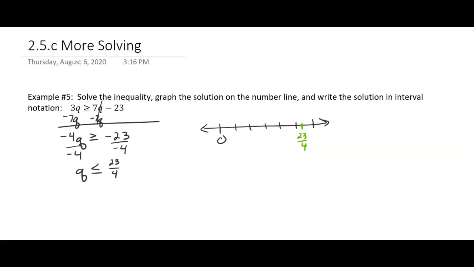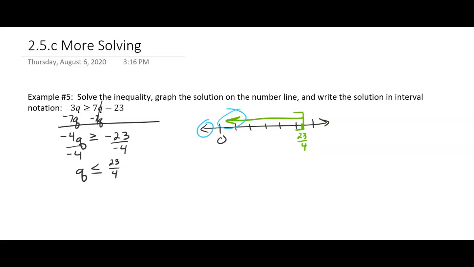Now our q is less than or equal to, so it's going to be a square bracket, and it's going to be less than, so off to the left. Left for less than. Another thing students have noticed is that this arrow and this arrow are going in the same direction, so I don't know if that helps. And it's a less than, but that only works if you have your variable on the left again.